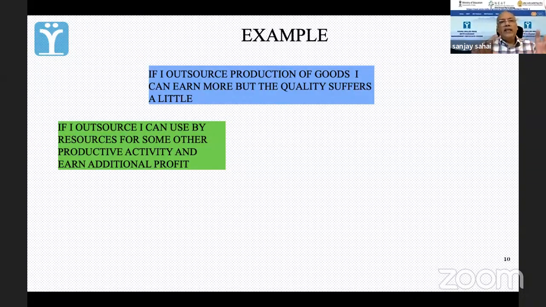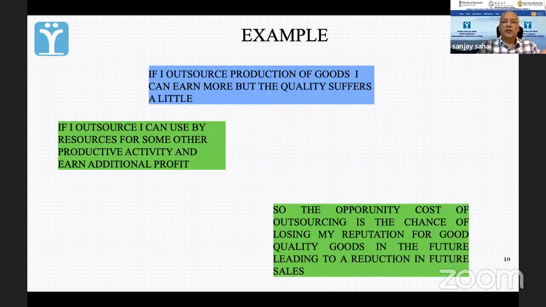So if I decide to outsource, I am freeing up my resources for some alternative use. I can use the resources that I would have used to produce these goods for producing some other goods and make an additional profit from the production of those goods.